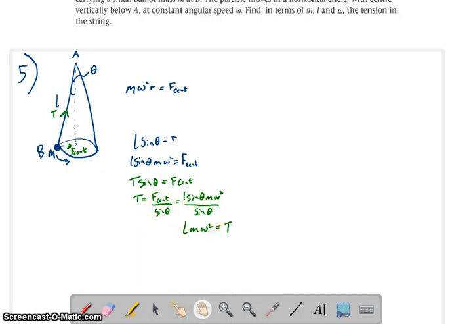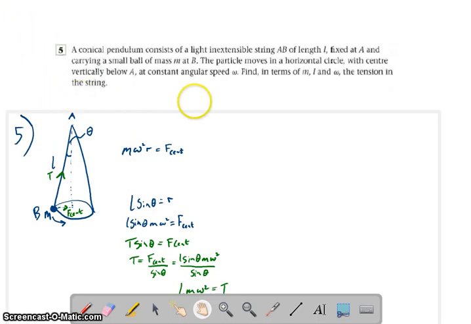Now, in cancelling the sines, we're ending up with an equation that's independent of angle. We've got L m omega squared is equal to the tension. Okay, so the tension is just varying with the angular speed. Quite important. Okay, it's a good little derivation to be able to do by yourself.